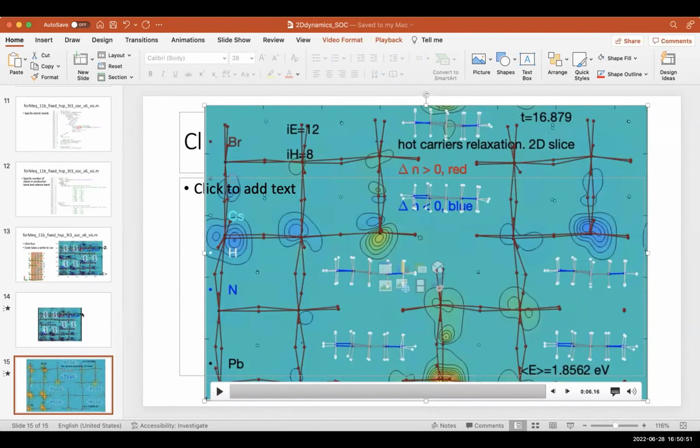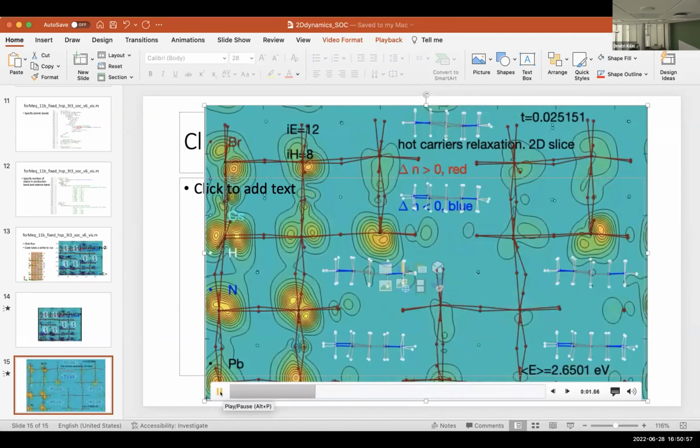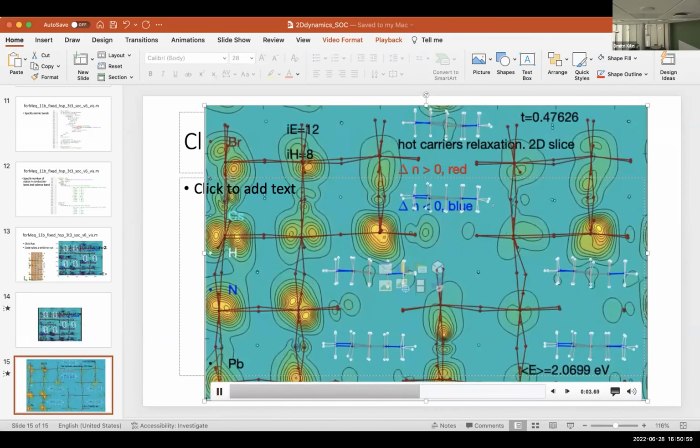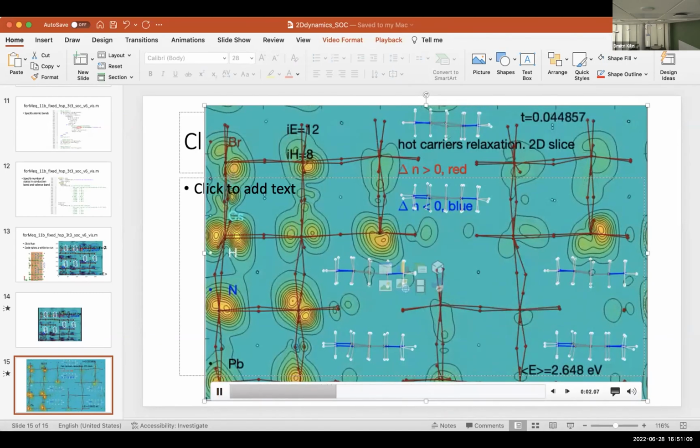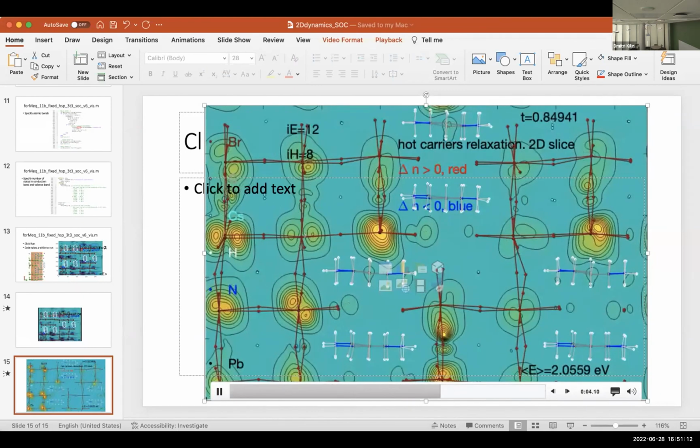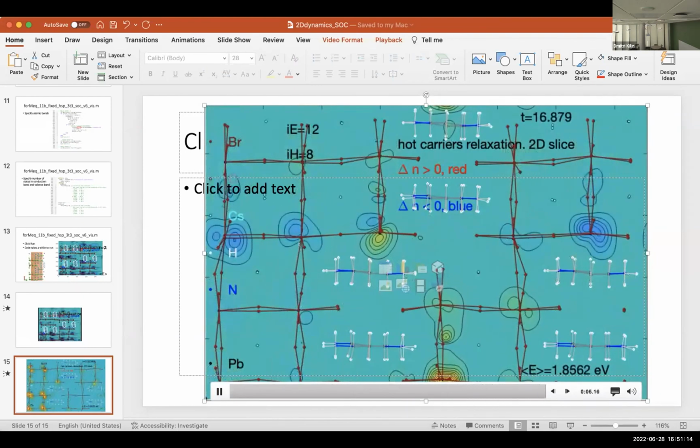So how do you interpret charge transfer in this video? As the video plays, it's time moving. So you can see that we have the charge. You can see that the charge is changing here as time goes on. It's going from yellow now to background to blue.